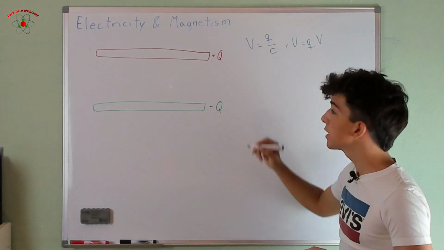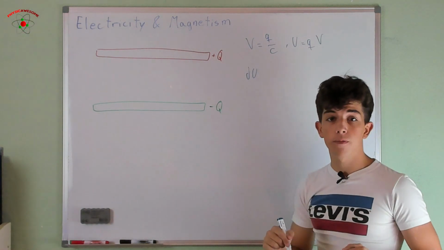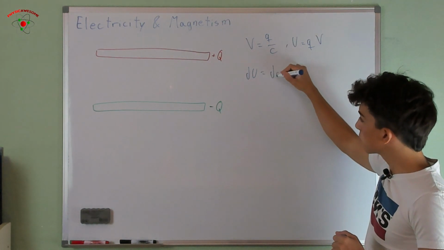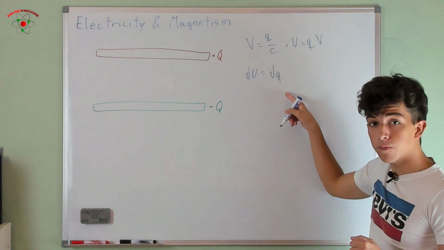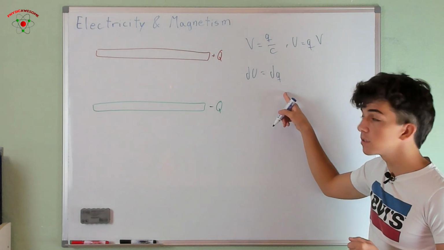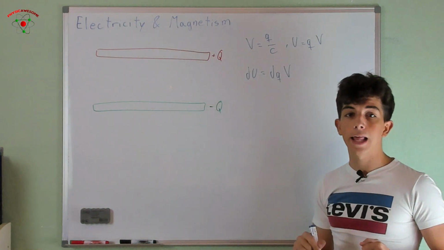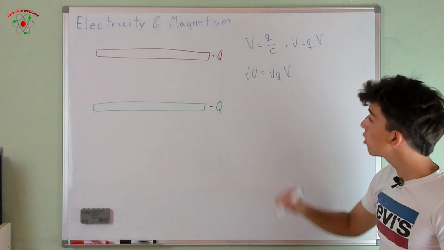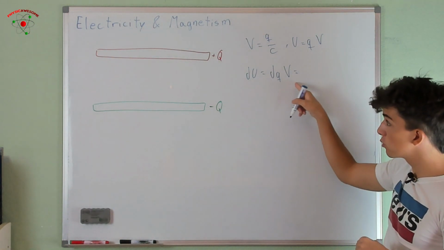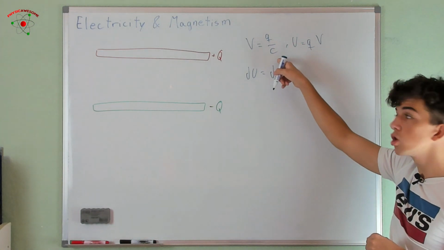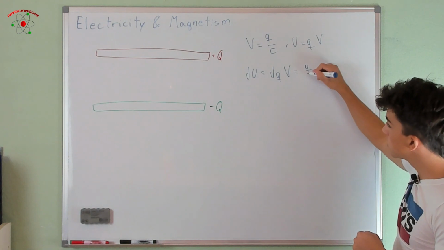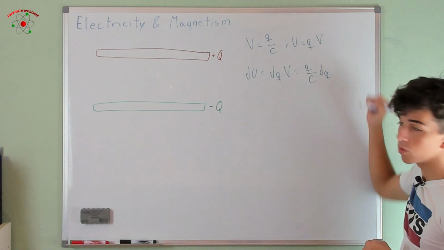If we are trying to find a small chunk of electric potential energy, we will have the energy that a small charge dq feels at that electric potential. However, we already know that this electric potential equals the charge over C. So we're going to have q over C dq.